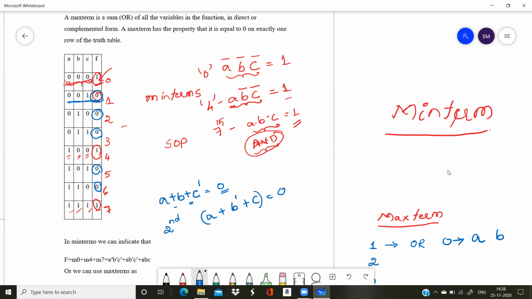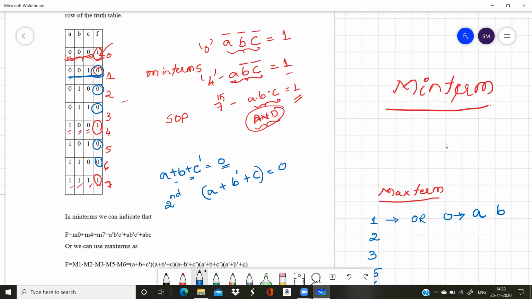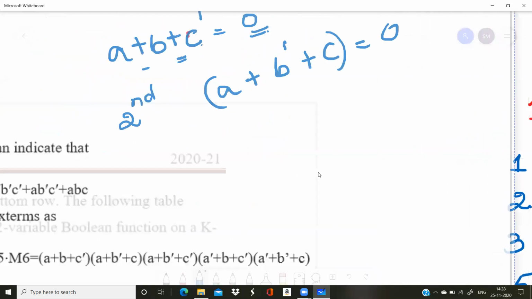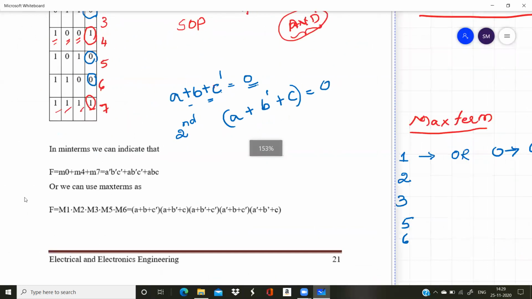There is one more method to represent the min term and max term, that is using the notation m.